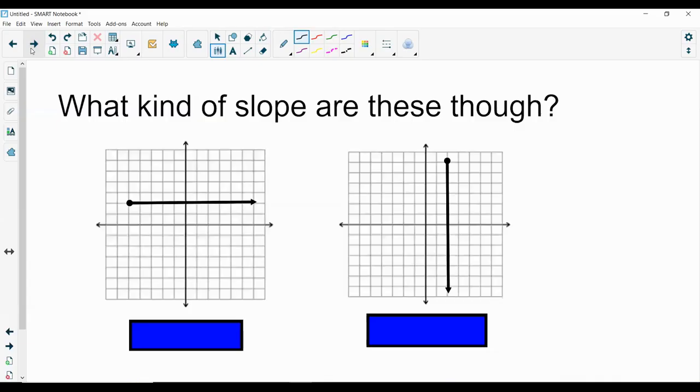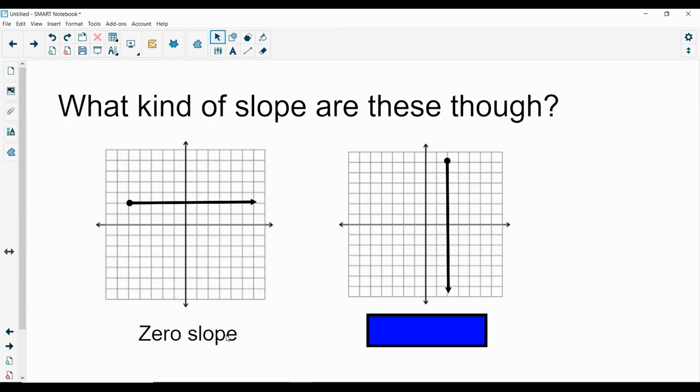Now, what kind of slopes are these? You're probably thinking, I don't know. They're not really going up or down. I mean, this one is kind of going up and down, but this one isn't. So I don't know. Well, this type of slope is a zero slope because it doesn't go up or down. It just stays straight.